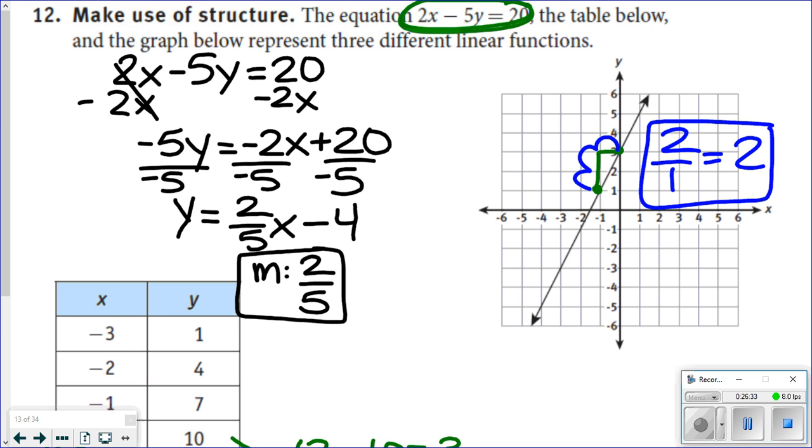If I'm looking at the equation, I've converted it to slope-intercept form. I subtracted 2x and divided by negative 5. So my slope here, if you've solved this correctly, is 2/5, which is 0.4.